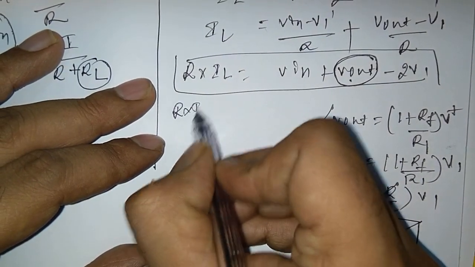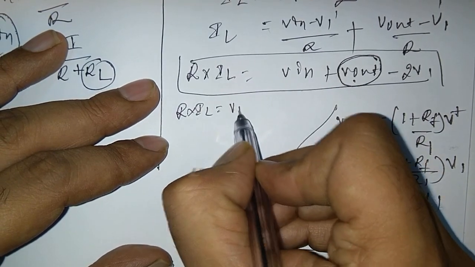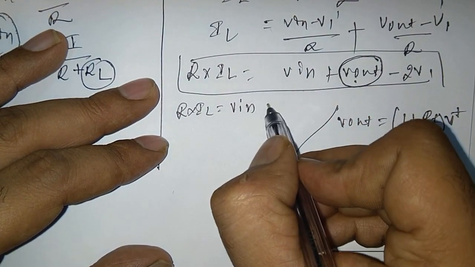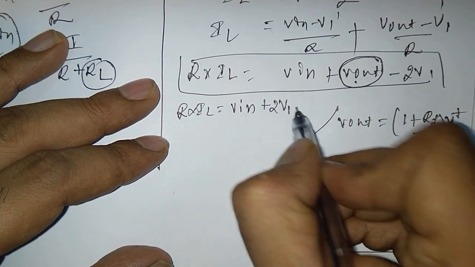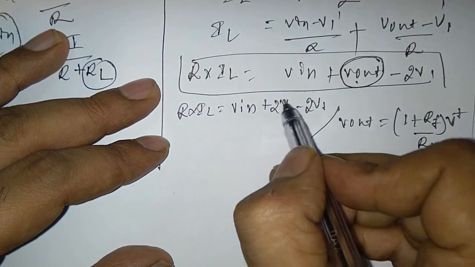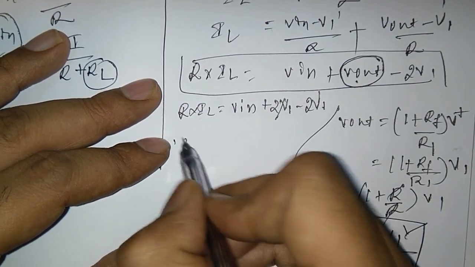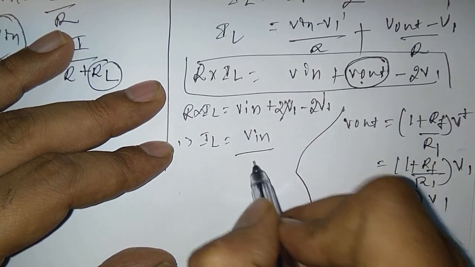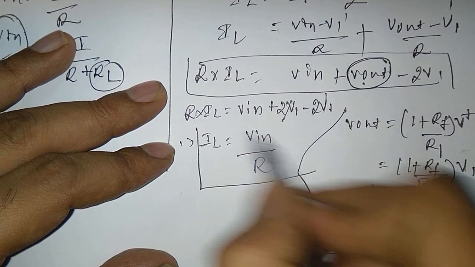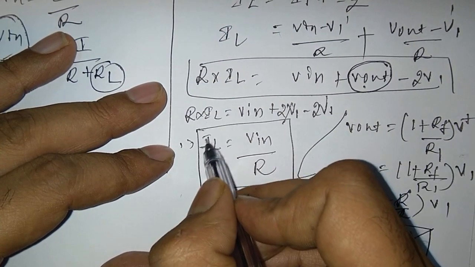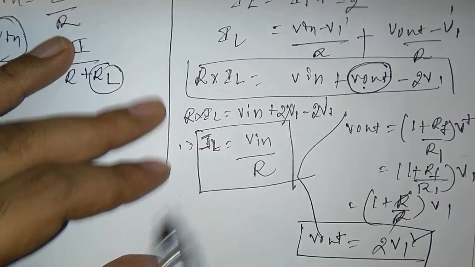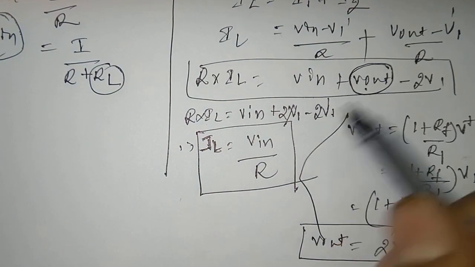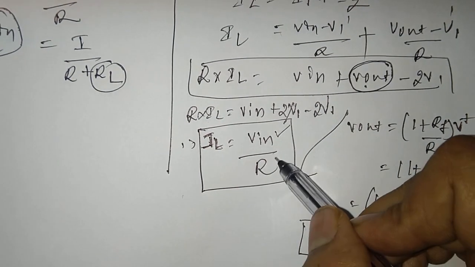R into IL is equal to V input plus 2 times V1 minus 2 times V1. This cancels. Therefore the load current IL is equal to V input divided by R. Observe the final equation of load current, not load resistance: IL is nothing but input voltage divided by resistance R.